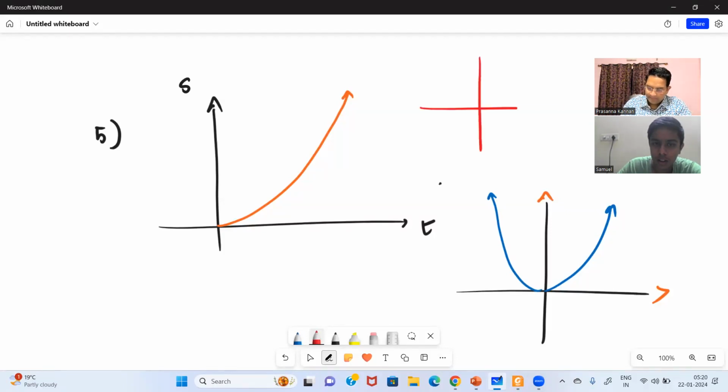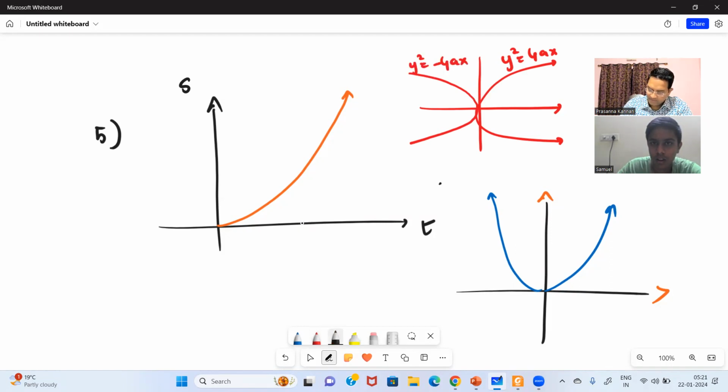Yes. Y squared equals 4ax is a parabola open to the right. The parabola open to the left is y squared equals minus 4ax. The parabola open to the top is x squared equals 4ay. The parabola open down is x squared equals minus 4ay.